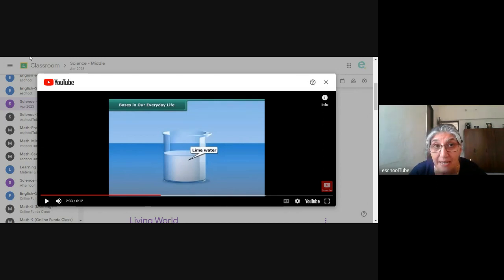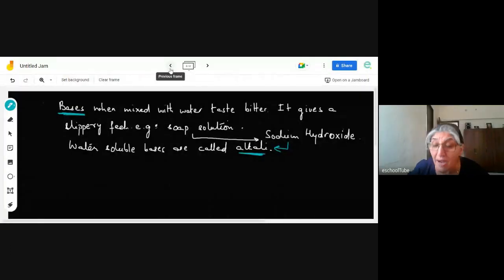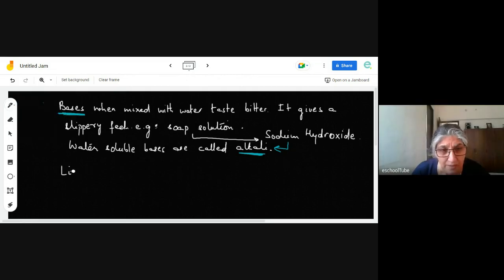So it is basically, what is it? Asad? Calcium hydroxide. Miss, in Marathi it is called chuna. Yes, in Hindi also.